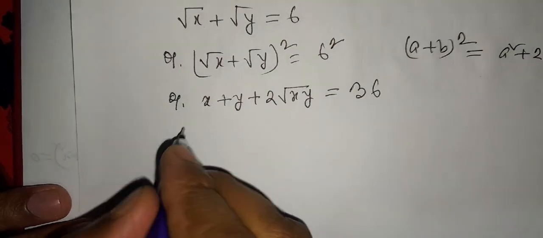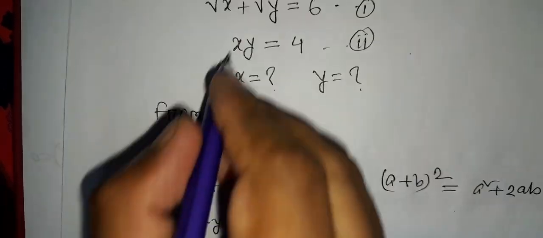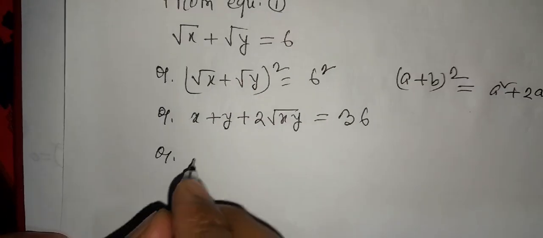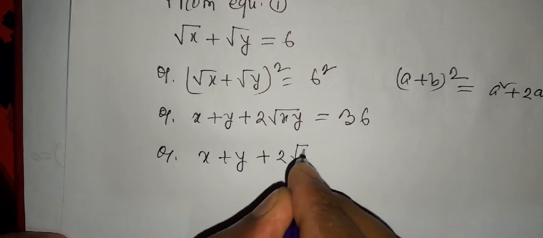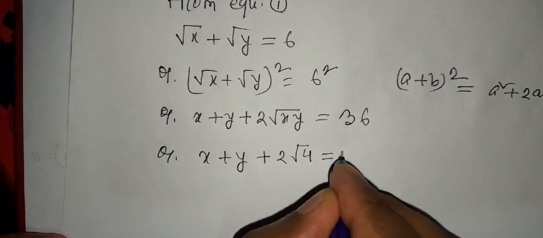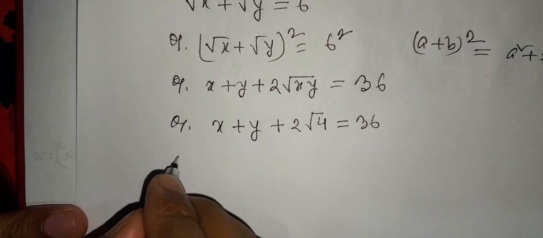Here we can use xy equals 4. So x plus y plus 2 root over 4 equals 36.